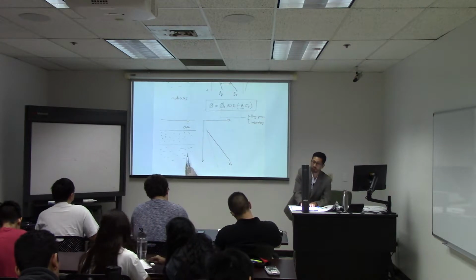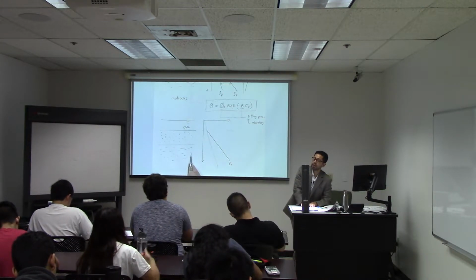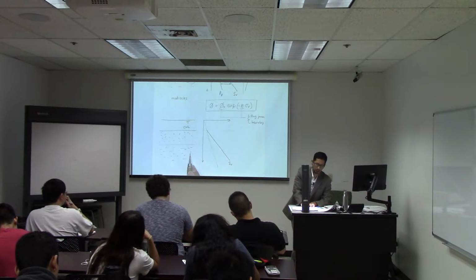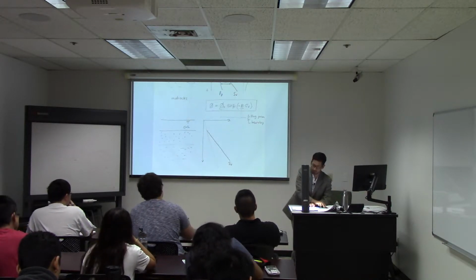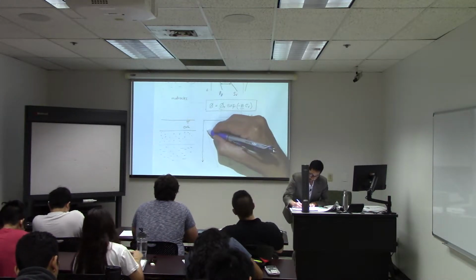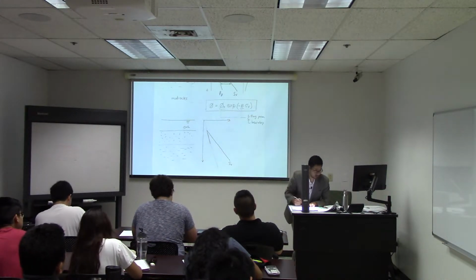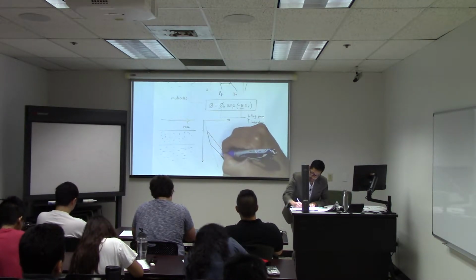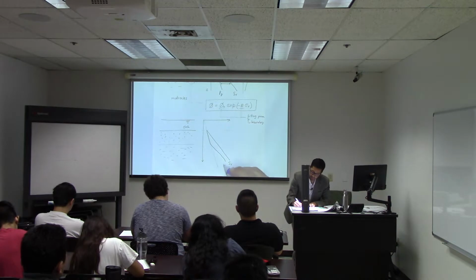What's going to happen when we get to the clay if the clay didn't have time to compact? We're going to have overpressure, right? And if we have overpressure, this is going to be hydrostatic up to there, and when it gets over here, it's going to start to deviate.